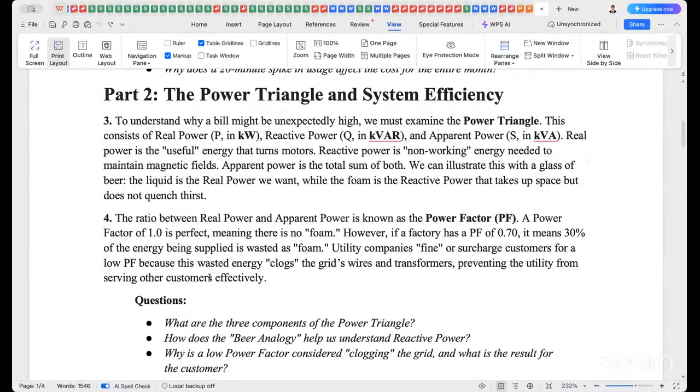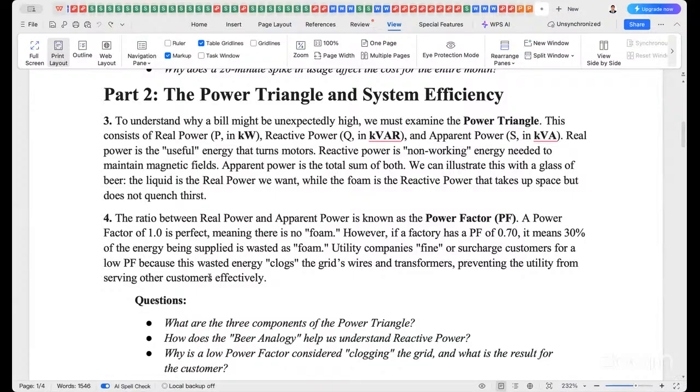Part 2, the power triangle and system efficiency. To understand why a bill might be unexpectedly high, we must examine the power triangle. This consists of real power, P in kilowatts, reactive power, Q in kVAR, and apparent power, S in kVA.